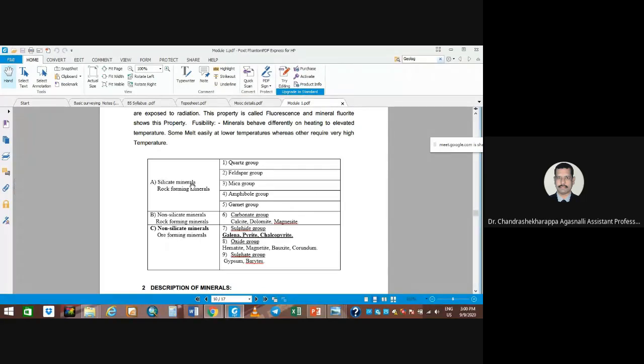In the silicate group are the quartz group, feldspar, mica, amphibole, and garnet groups. Another is the carbonate group: calcite, dolomite, and magnesite. And in the non-silicate ore forming minerals, you can see galena, pyrite, chalcopyrite.